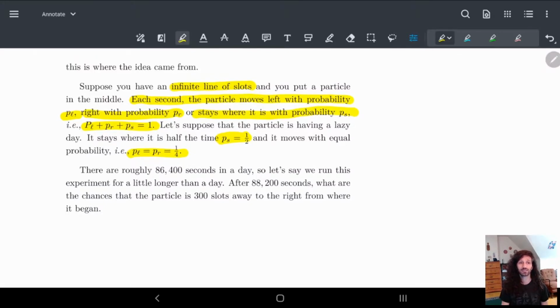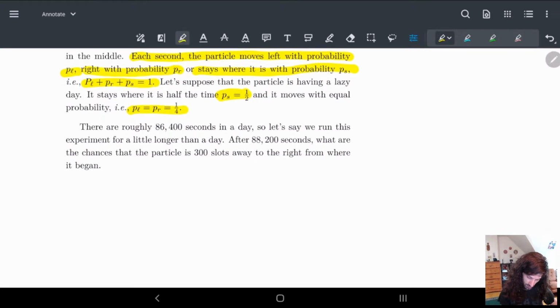And that's it. So let's see. We're looking at roughly 86,400 seconds in a day. So what we'll do is we will calculate 88,200 seconds, because this will make numbers easier. You'll see later on why.